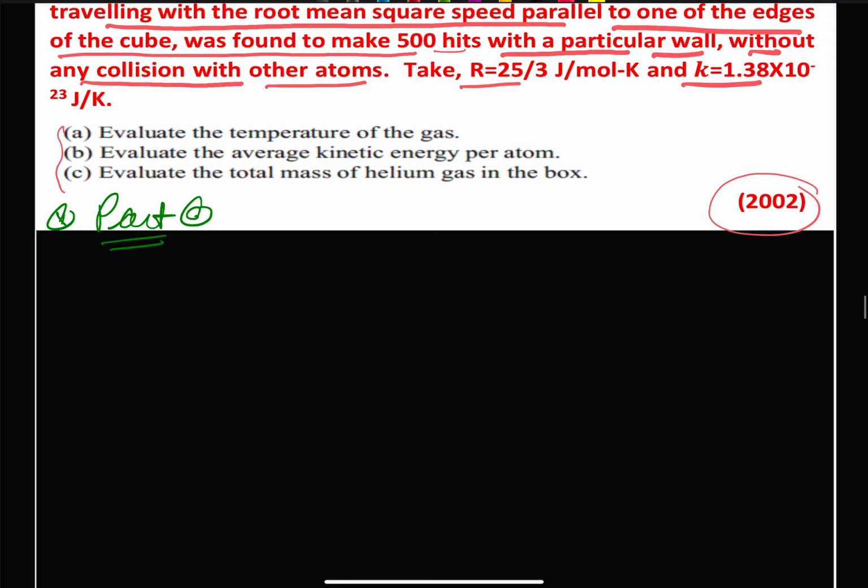Let us say the length of the box L is given to us as 1 meter.